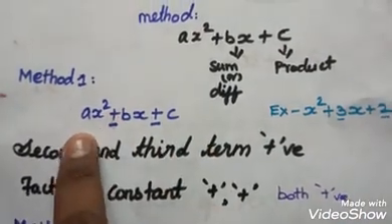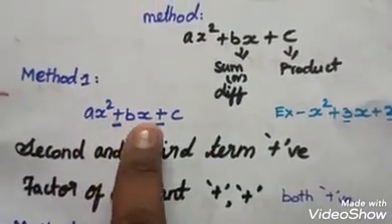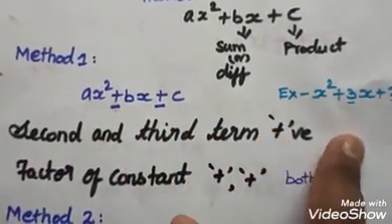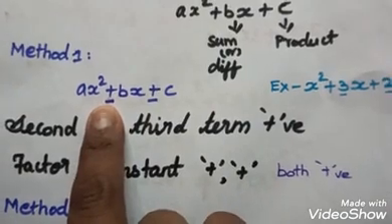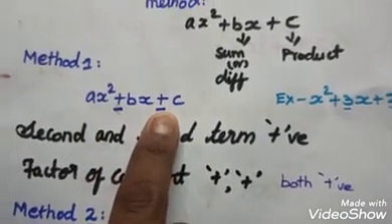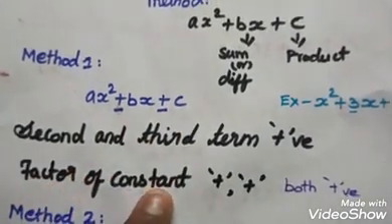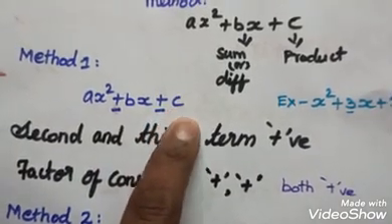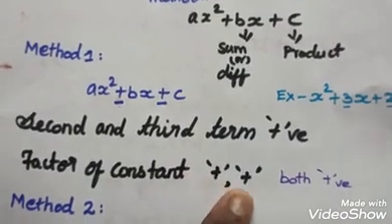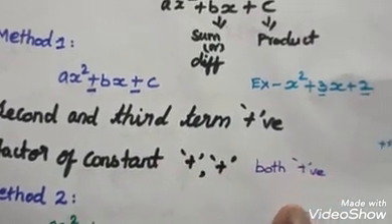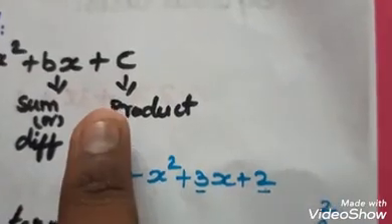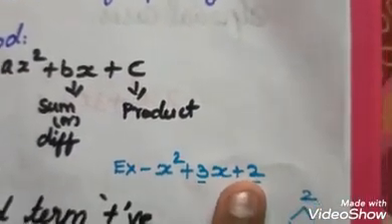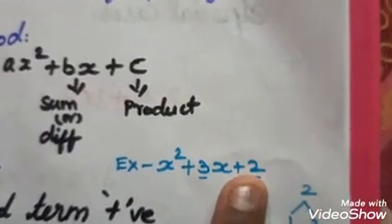First method: ax square plus bx plus c. Here I gave the second and third term positive. So we take the factors of the constant c, and both should be positive. I will give one example: x square plus 3x plus 2. Here the second term and third term are positive. 2 is the constant.